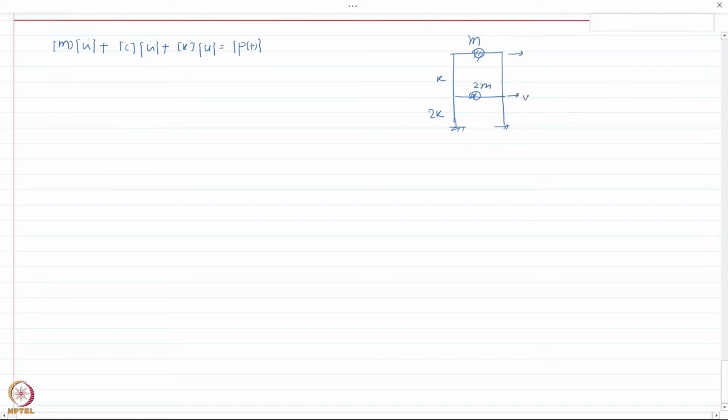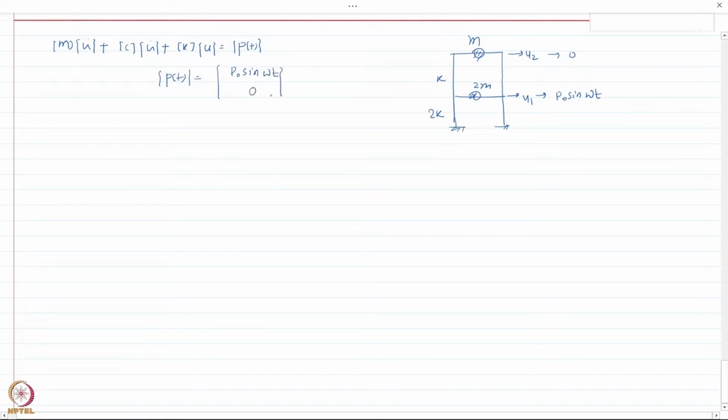Let us say these are the 2 degrees of freedom we are considering, and the force applied on these degrees of freedom is p naught sine omega t here, and there is no force applied here, so this is 0. So the excitation vector can be written as p naught sine omega t and 0.